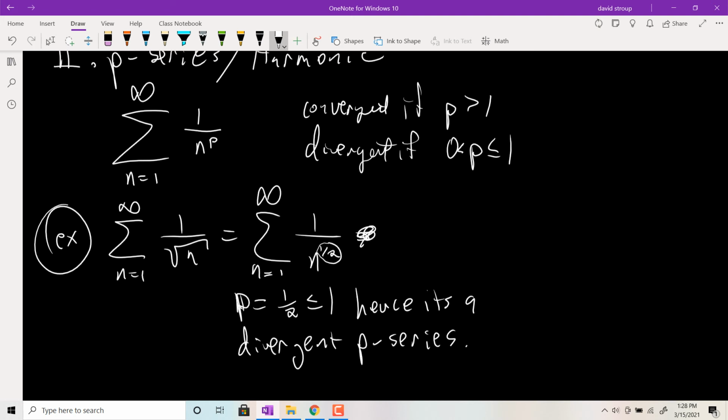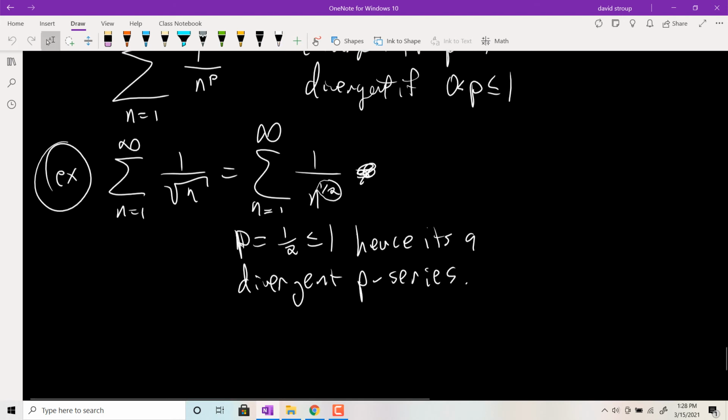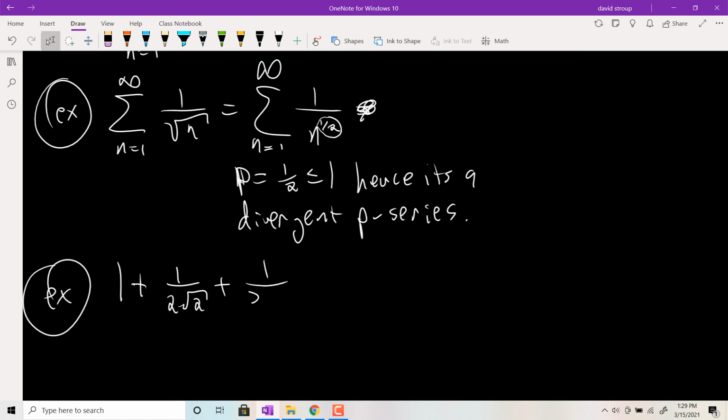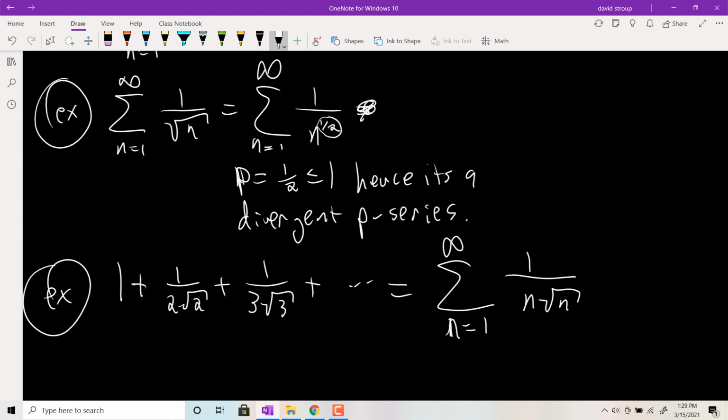So maybe look at one or two more where they try to trick you a little bit. So another example, this time they just give it to you as a sum, 1 plus 1 over 2 root 2 plus 1 over 3 root 3 plus dot dot dot. Rewriting it as a sum from n equals 1 to infinity, it's 1 all over n root n, right?